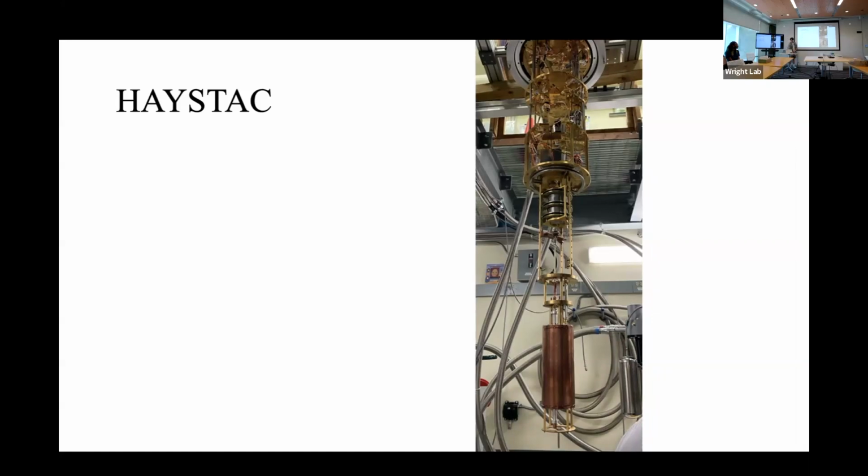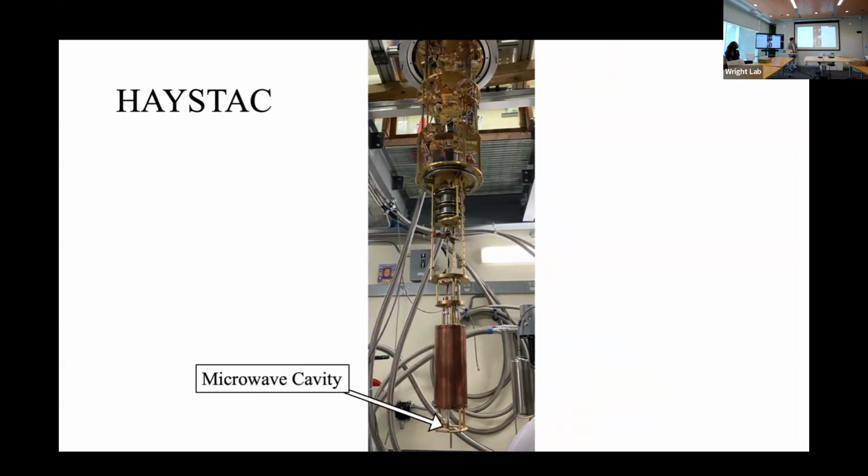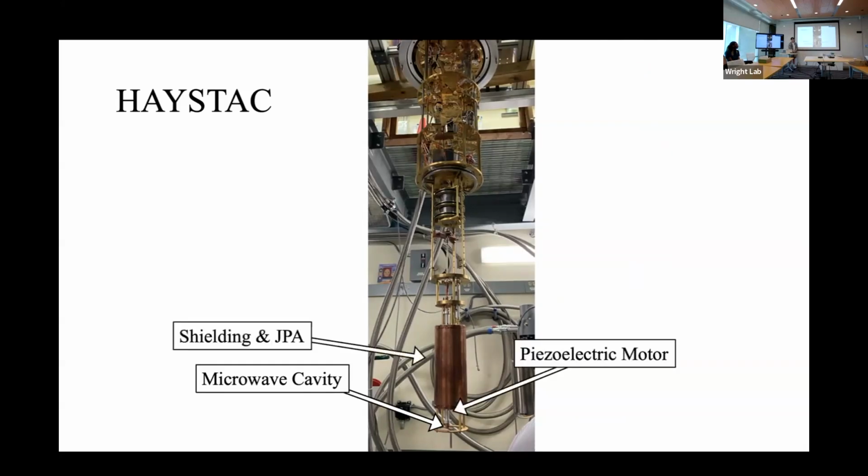Different parts of the haystack include the microwave cavity, the tiny little copper piece, the motor above it, and then shielding and JPA, or Josephson parametric amplifiers, which allow us to reach the standard quantum limit of amplification and even go beyond it, based on the method and procedure we use.